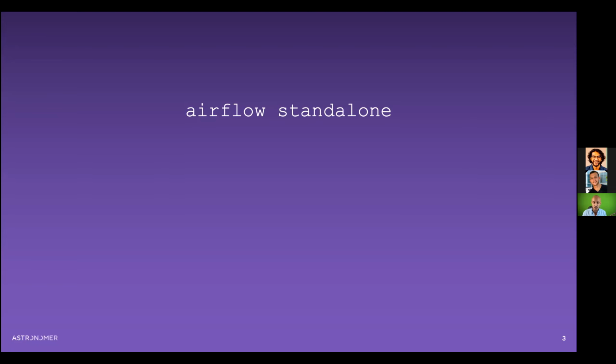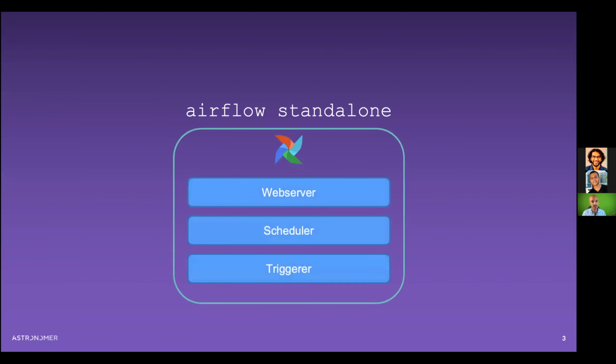Now, with the airflow standalone command, you can run an Airflow instance in a single process with all the components that you need, which means the web server, the scheduler, and the triggerer. On top of that, an account is created for you, so you don't have to create it, and the metadatabase is initialized for you as well.